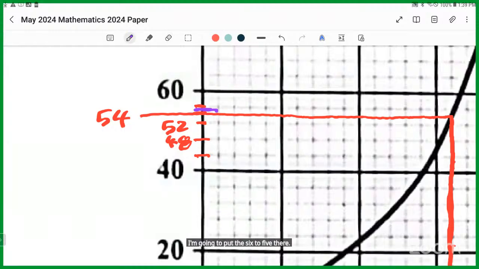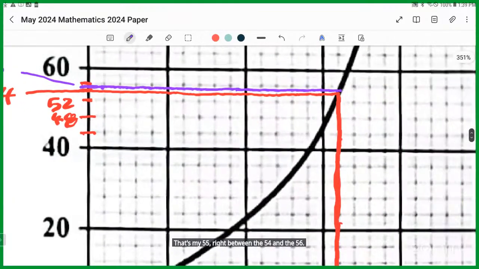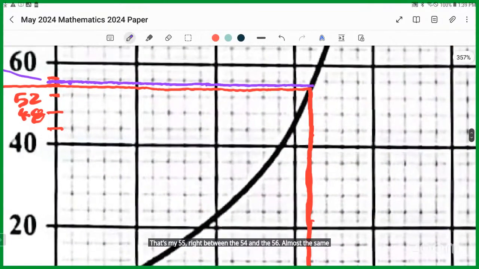So this is my 55 right here. Just the 54 that we had before. That's my 55, right between the 54 and the 56. It's almost the same place. It's just right on the right of this.